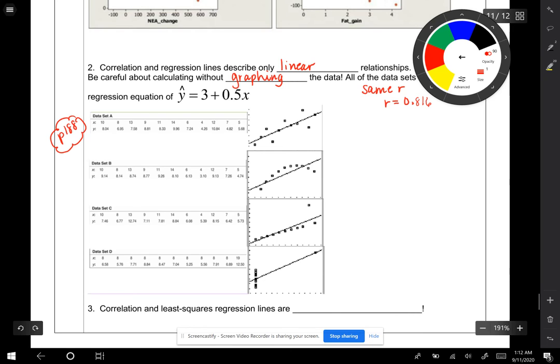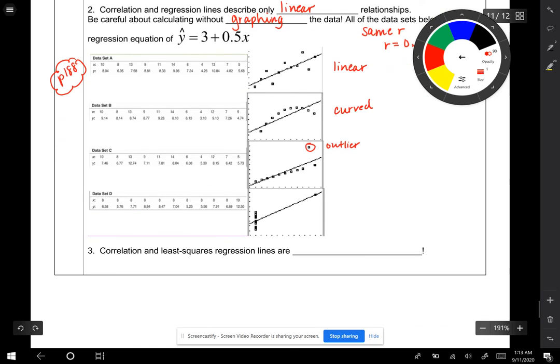Okay, so if you look at the first graph, it's linear. Okay, linear model. Second one is curved. Third one, you have an outlier. And the last one, you have all these points right here, but then you have a point out here that's far right or left of everything else. So this is an influential point.